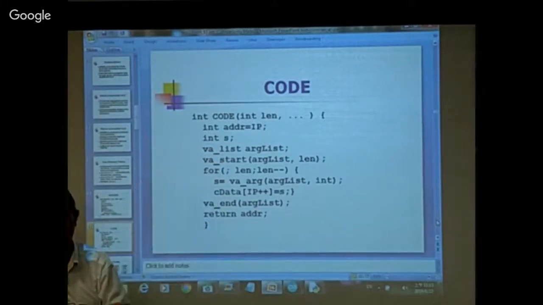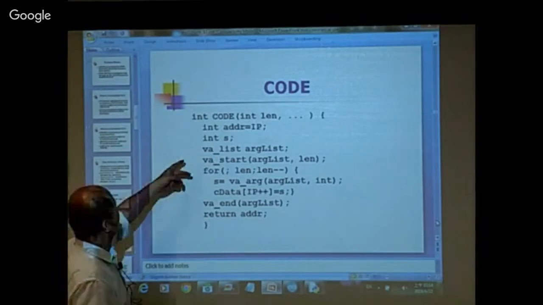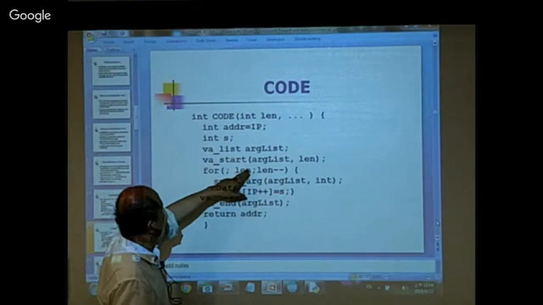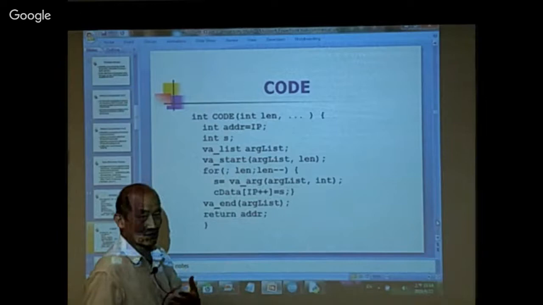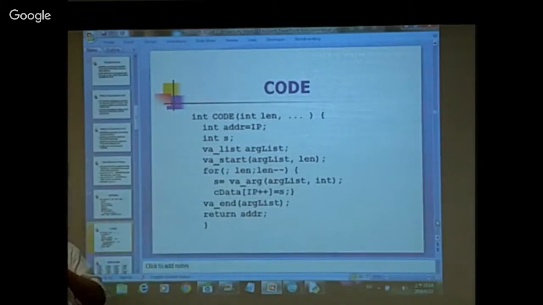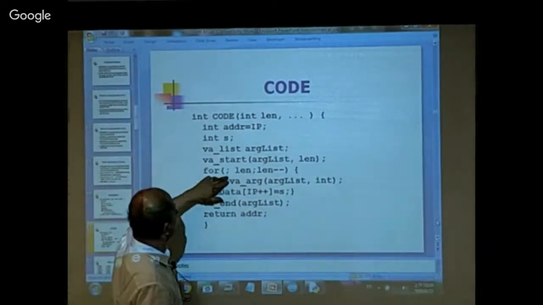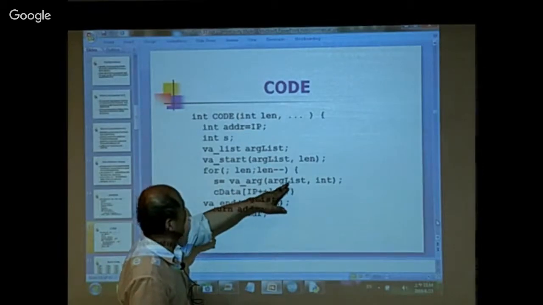You start a list, and this one is how you access the consecutive parameters you attach to the list. Here you get the next argument. This argument will be an integer, and it will be added to the list as a byte. So this is the way to compile the bytecode list.